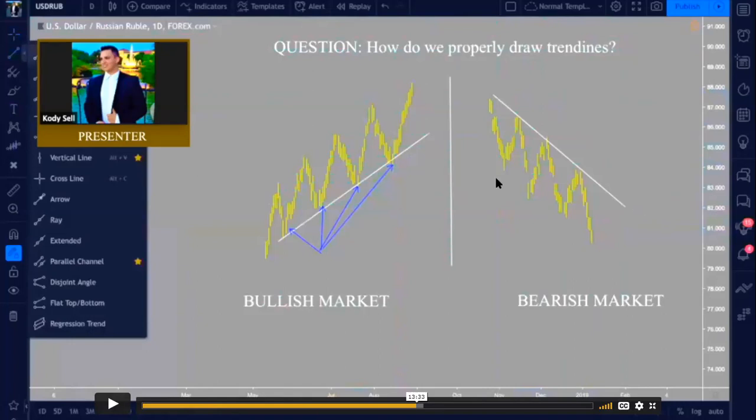Now, same thing, just like with support and resistance. What do you guys think is going to happen if this resistance line, which is a trend line, keeps getting hit? It's going to break through. It's eventually going to break through. So you look at those the same way you do with support and resistance.